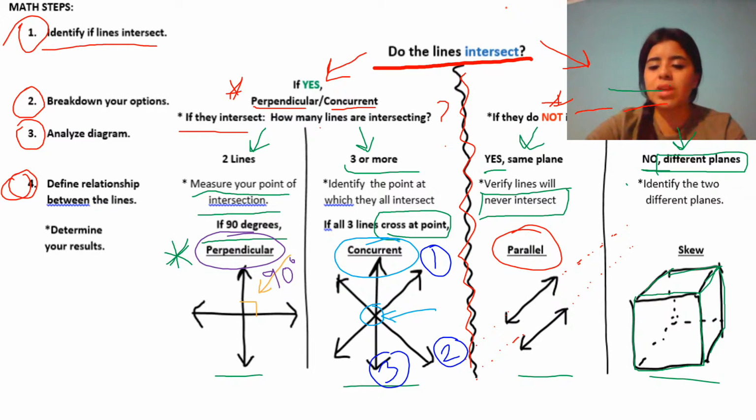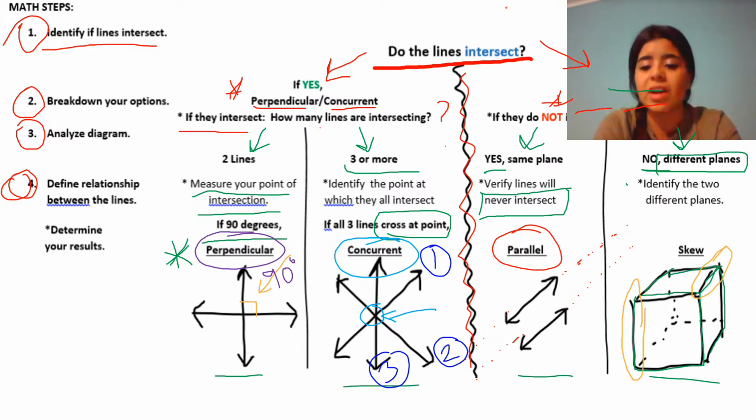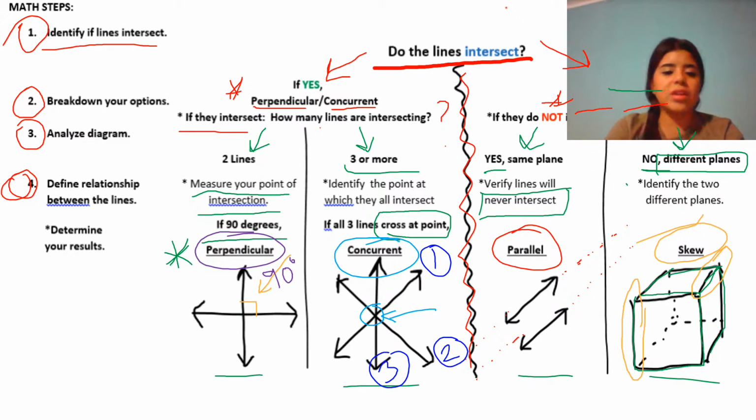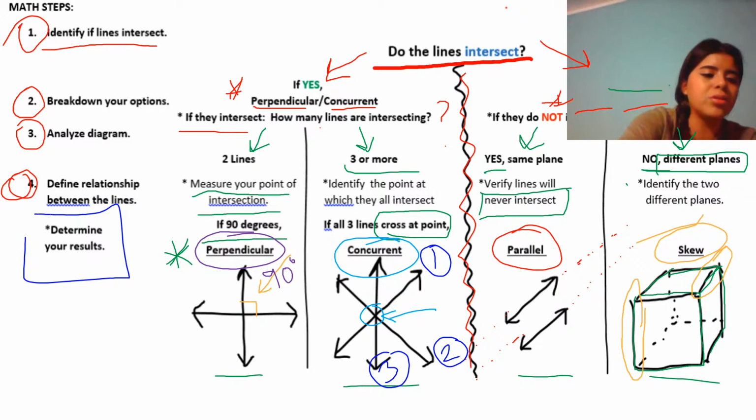So we have to make sure that each of those lines is on a different plane. For example, this line here and this line here are not on the same face of that cube, therefore they are skew lines.